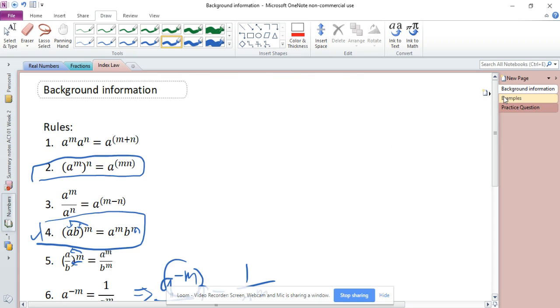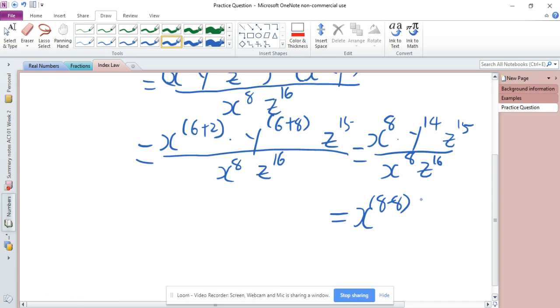That is rule number 3. The y component has nothing in the denominator, so just copy y to the 14, and z is 15 take away 16. In other words, I have x to the power 0, y to the power 14, z to the power of minus 1.